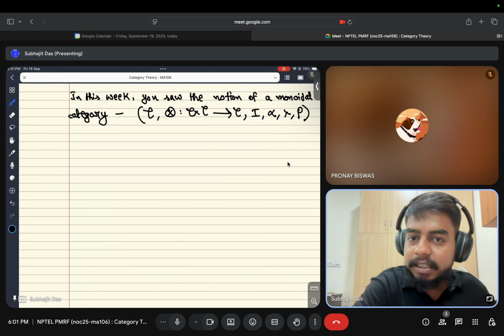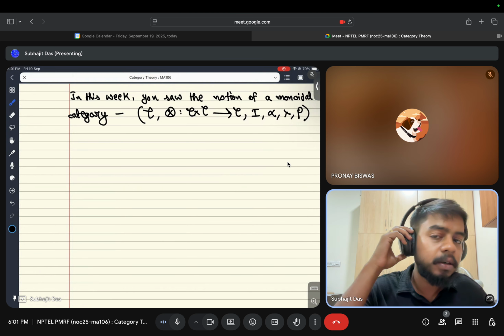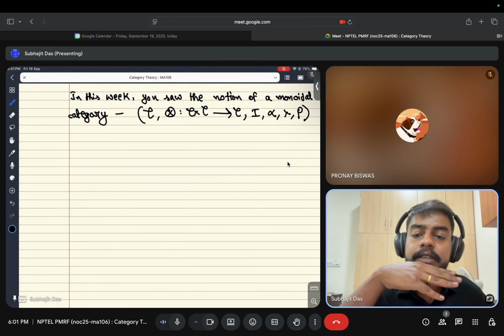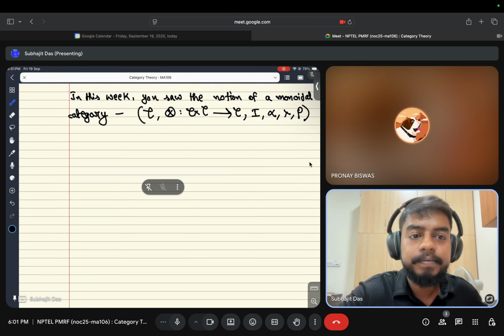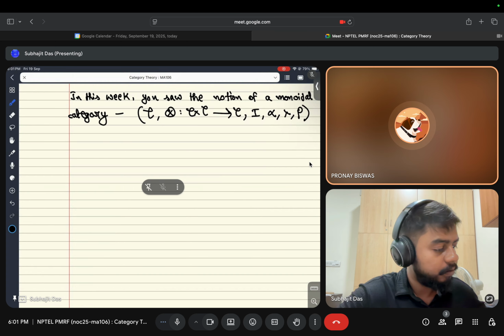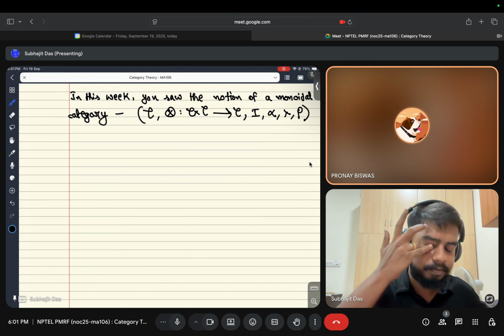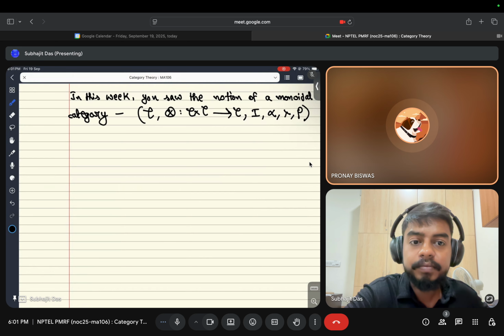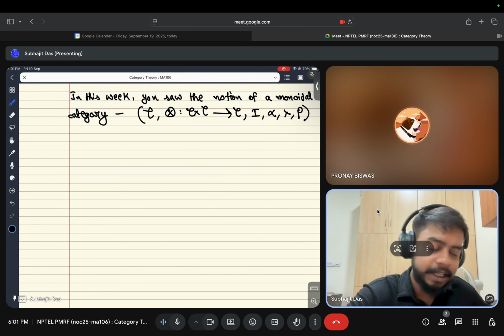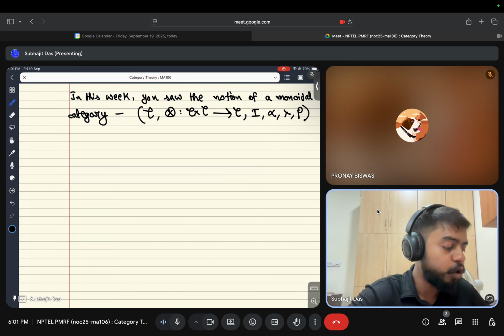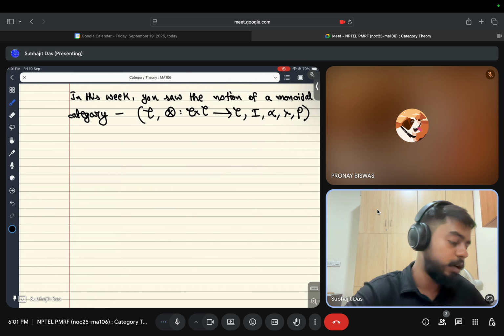So before that, let me ask you, do you know what a bifunctor is? Yeah. So it's exactly just a functor whose domain category is a product category. That's all.